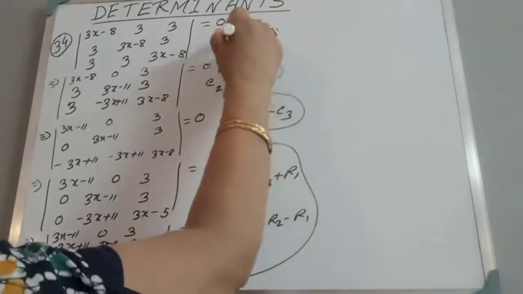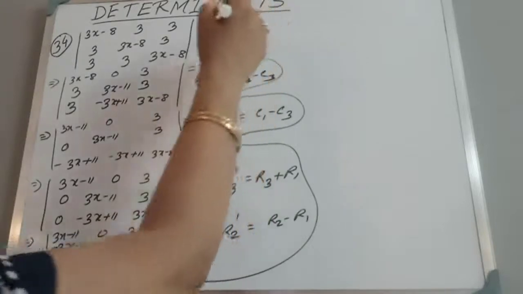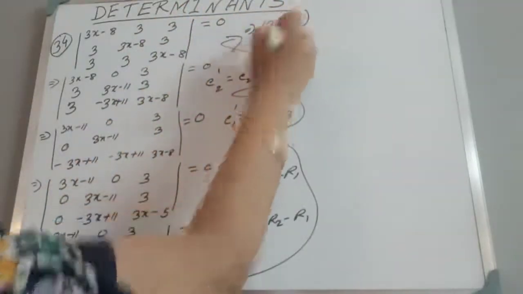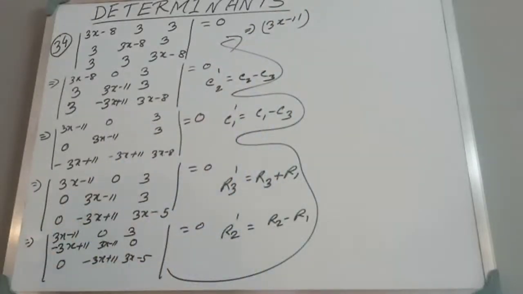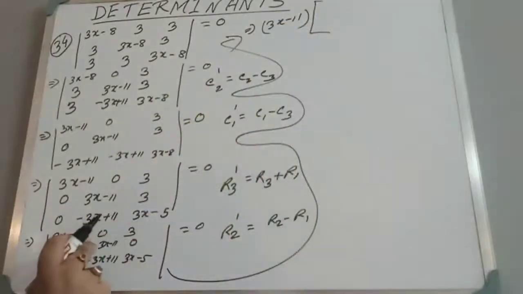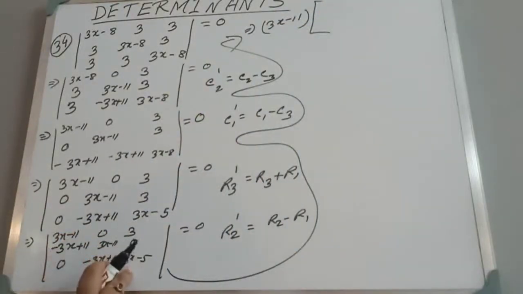Now we have to expand these terms. Let us expand with respect to the first row. So it will be 3x minus 11 into (3x minus 11 into 3x minus 5 minus minus 3x plus 11 into 0).